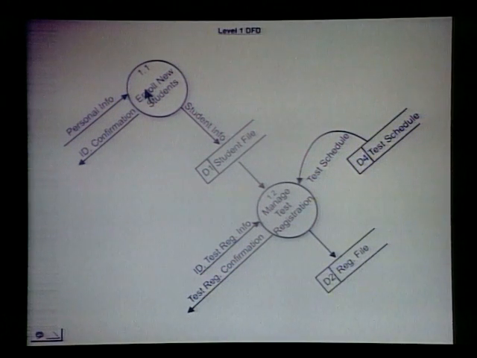It includes 2 sub processes, which is 1.1 and 1.2. This process enrolls new student and sends student information to the student file. The manage test registration process gets test schedule from the test file, gets ID and registration information from the system and other information about the student into the registration file.